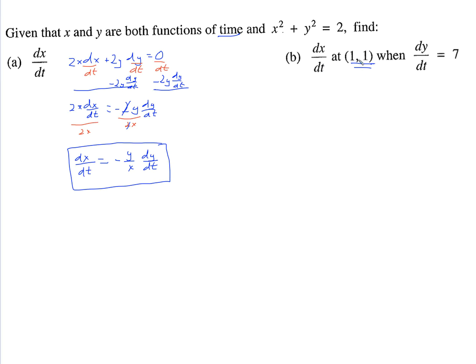So now all we do is plug in 1, 1 and dy/dt. So dx/dt equals, put in 1 for y, and 1 for x, and 7 for dy/dt, and we get for part B, that dx/dt is -7. And that is implicit differentiation.